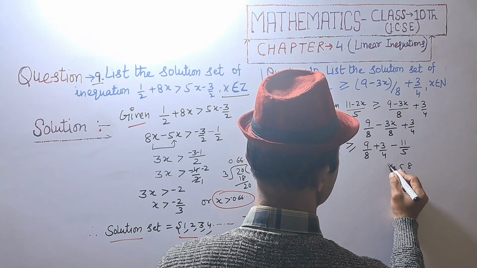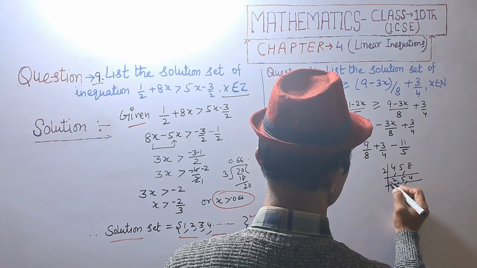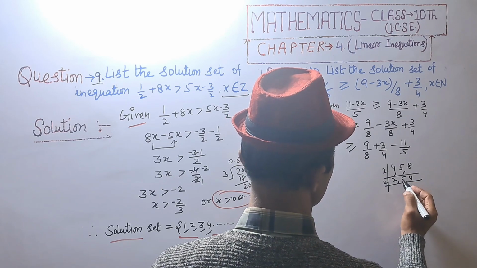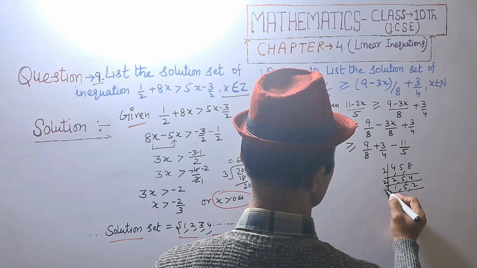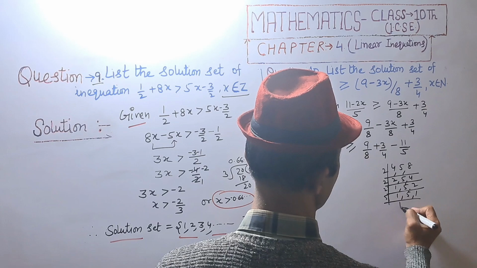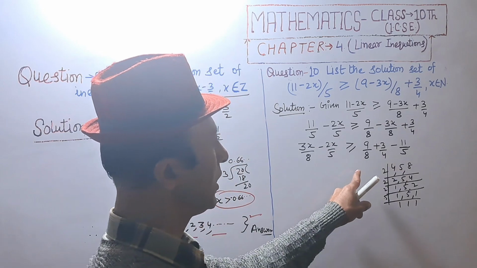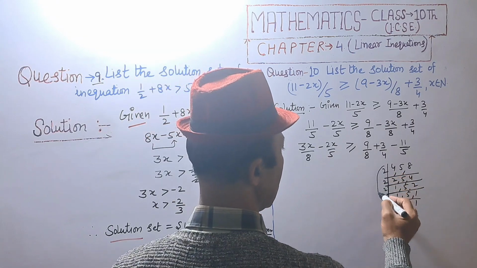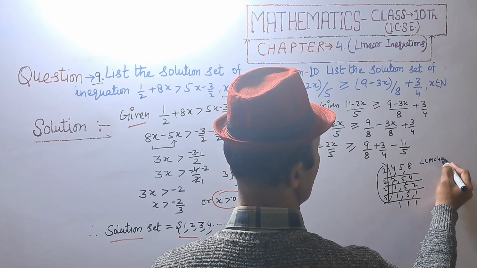Dividing 4, 5 and 8: 2 twos are 4, 2 fours are 8, and 5 twos are 10, 20, 40. So the LCM of 8, 4 and 5 is equal to 40.